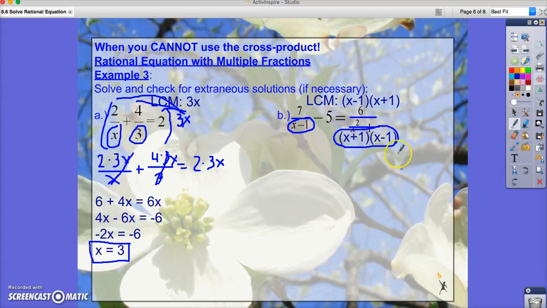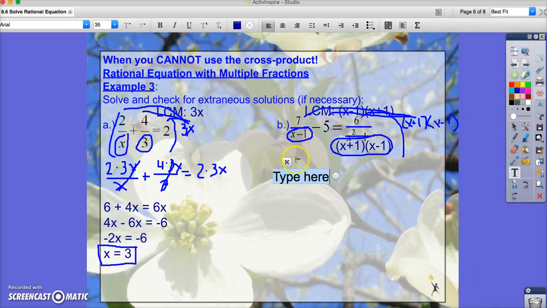From here, I'm going to multiply the top by the LCM, x plus 1, x minus 1. Now remember, that means I'm not even multiplying them out. I'm just distributing them, attaching them to every single numerator here. So this time I'm actually going to type this out. It'll look a little nicer.